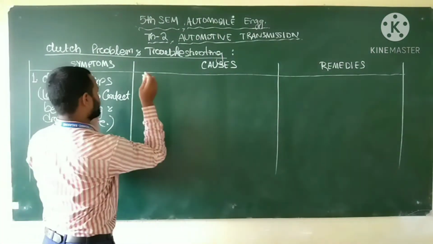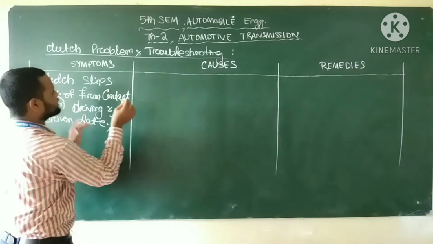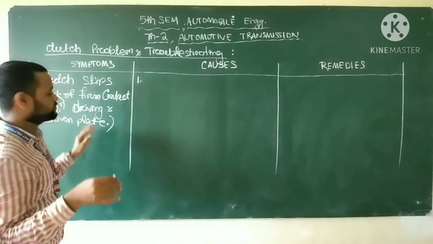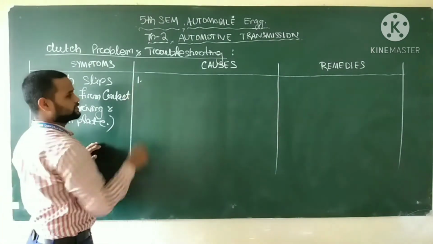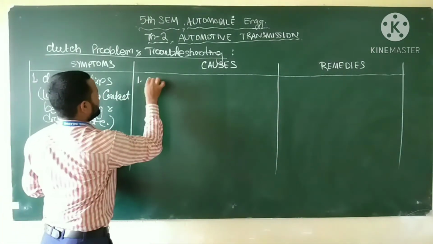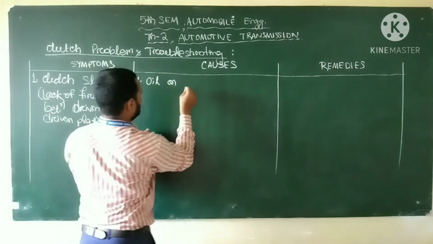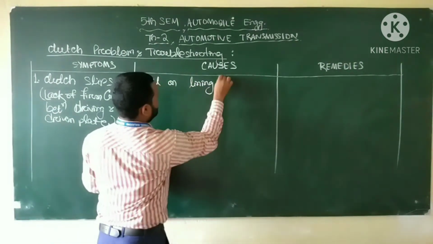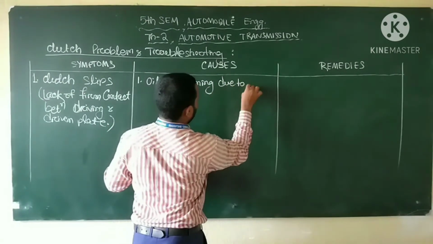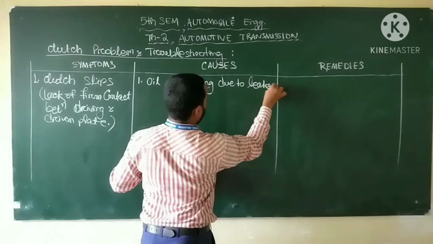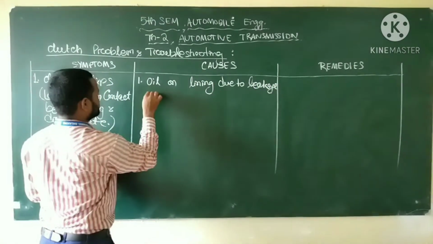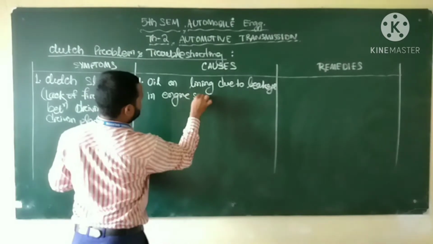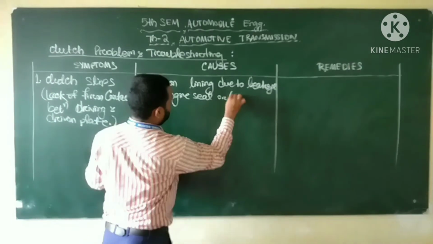So when the clutch slips, due to what cause does the problem arise? The first one is oil on lining due to leakage in the engine seal or gearbox.